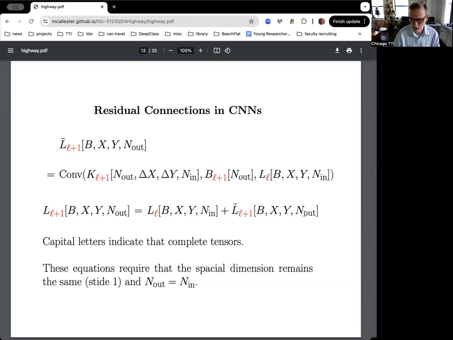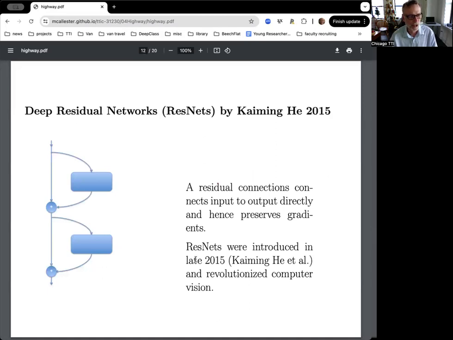Okay, so it's really just this picture we had before. This is just writing it in equations for the case of convolution. And just to say what I said before, this equation assumes that the shape of this tensor coming out of the convolution, coming out of this computation, is the same as the shape of the tensor coming down here.